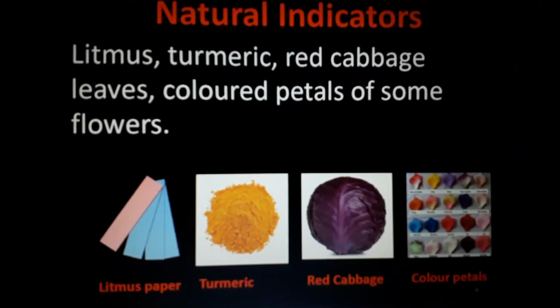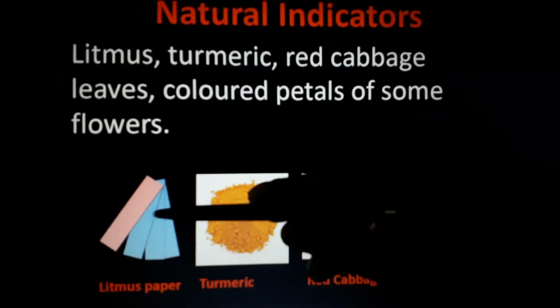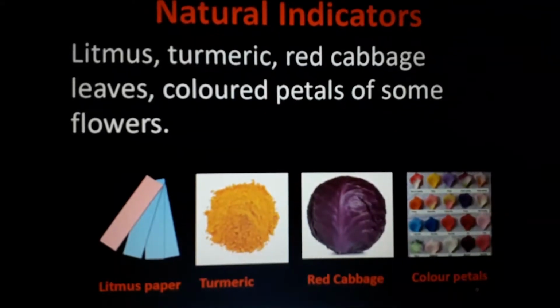We already know that detergents we use at home are also basic in nature. Anyway, I will give you a chart. If I tell you like this, you will be confused about which is acidic in nature and which is basic in nature. For daily household things, I will give a chart. By that you can understand what things are basic and what are acidic. So these are the natural indicators.